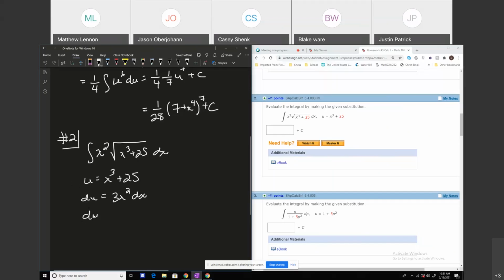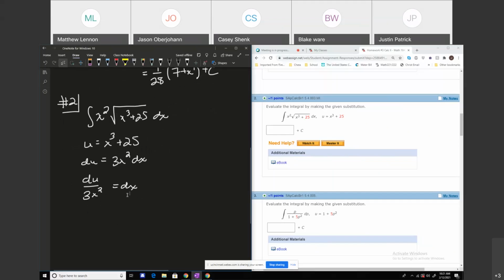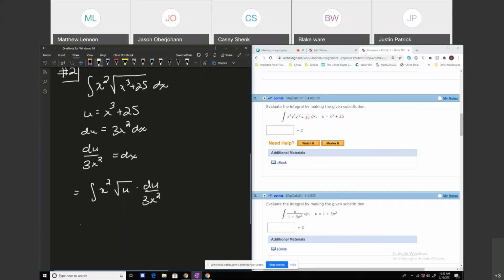So du over 3x squared is dx. So we can make the substitution now. So we get the integral of x squared times the square root of u times du over 3x squared. So the x squareds cancel. I'll bring the 1/3 out in front. And then the u, rather than writing it as the square root, I'll write that as u to the 1/2 power.